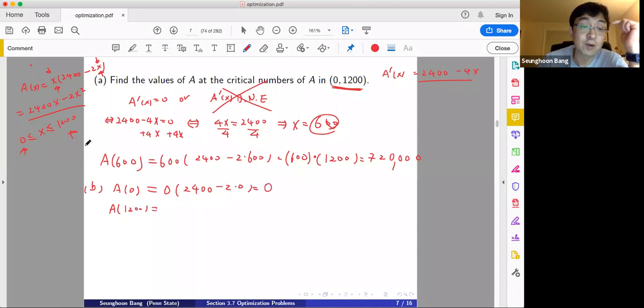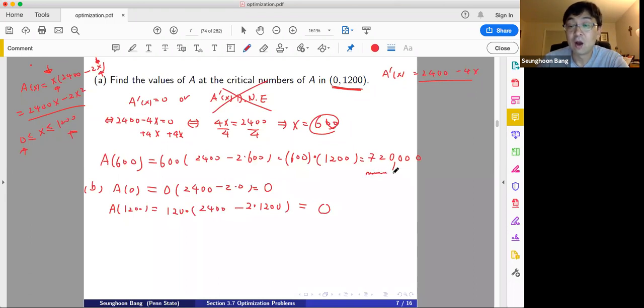Plug 1200 into factor form again: 1200 times 2400 minus 2 times 1200. 2400 minus 2400 is 0, and 0 times 1200 is 0. We have three numbers: 720,000, 0, and 0.